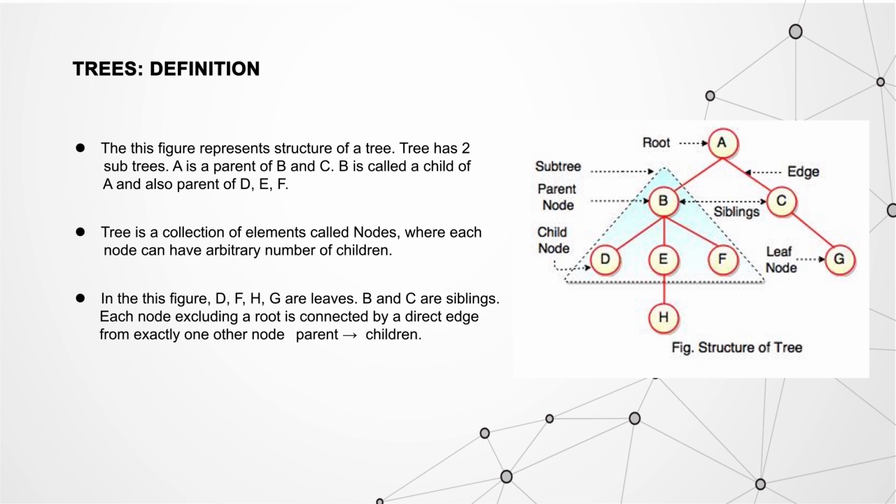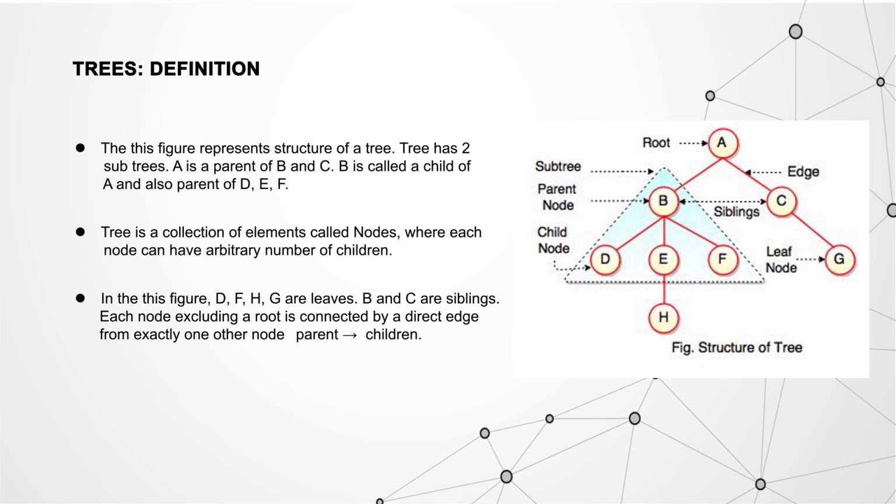Here B, D, E, F and H form the left subtree of A, whereas C and G form the right subtree of A. B is the left child of A, but B is also the parent of D, E and F, and B is also a grandparent of H, because H is produced by E. E is the parent node of H, as well as the child node of B. So we can say H is a grandchild of B, or vice versa, B is a grandparent of H.